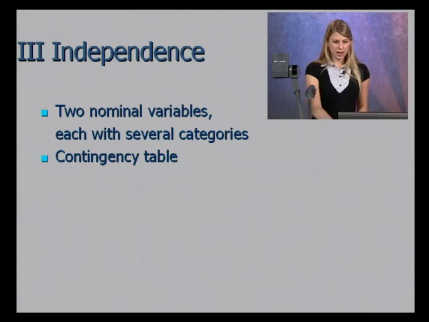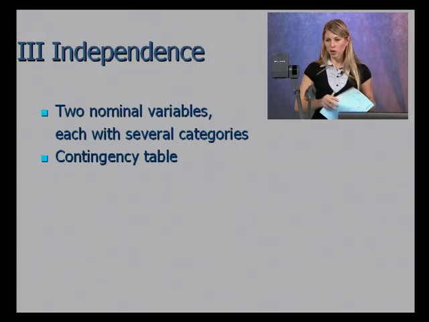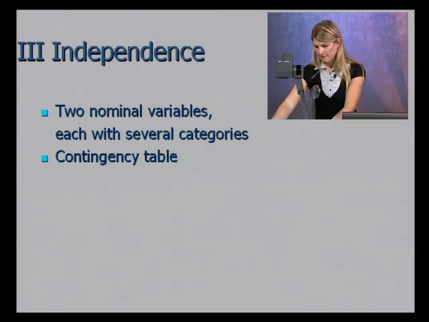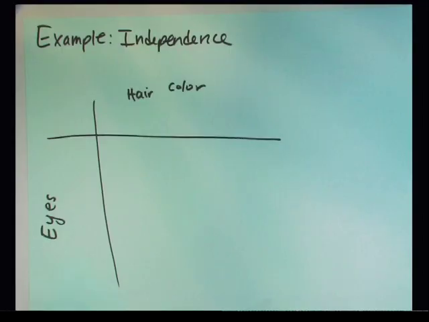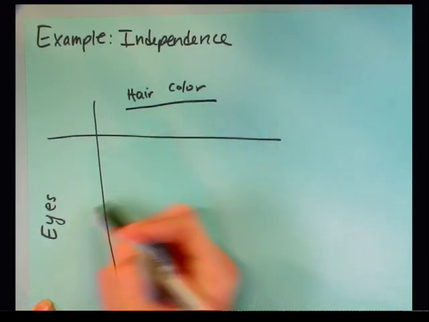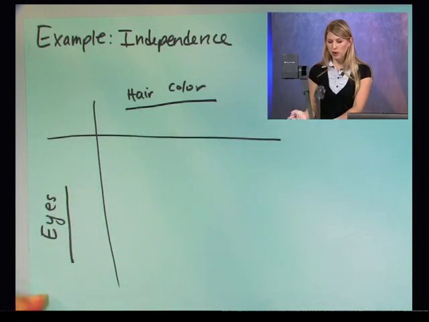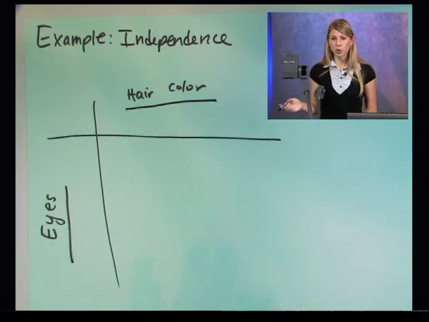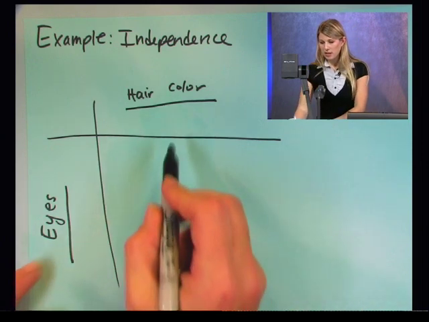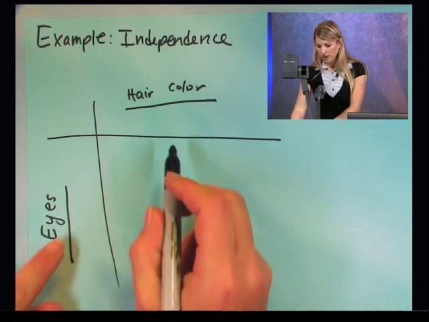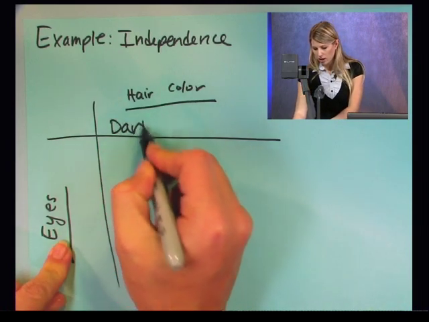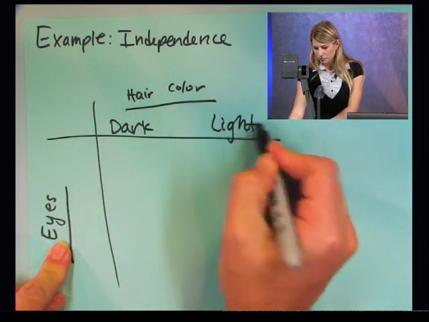So the example I like to use here, we'll go to the drawing board. The example for a test of independence is we might ask the question, is there a relationship between the variable hair color and eye color? Okay, so we have 2 different variables now. They're both nominal, both categorical. Let's say, just for simplicity of calculating this today, I'm going to break up hair color into dark and light.